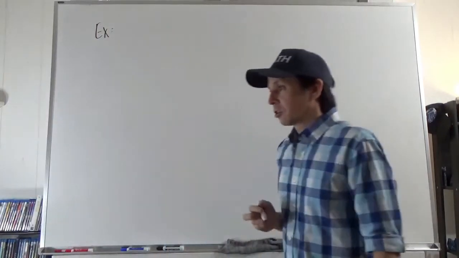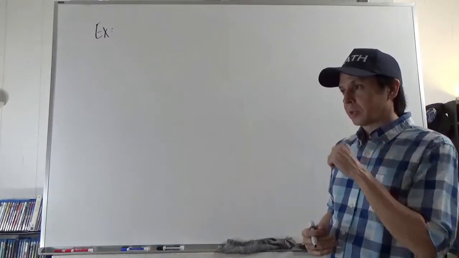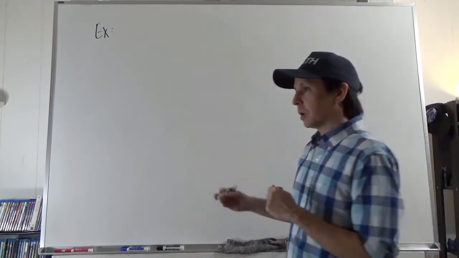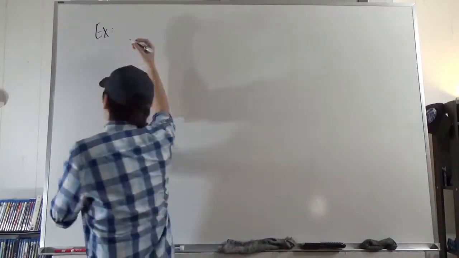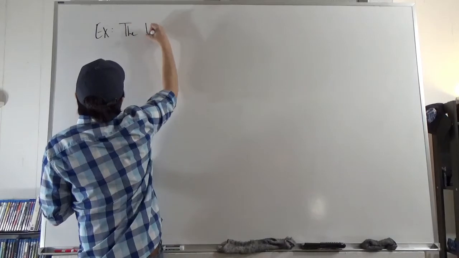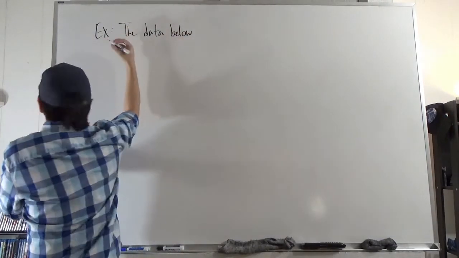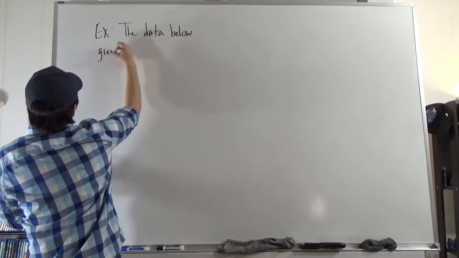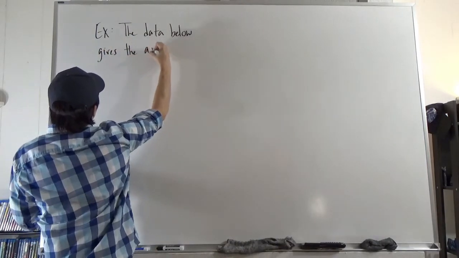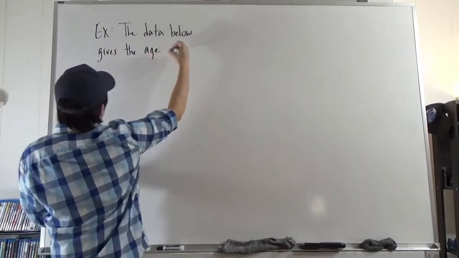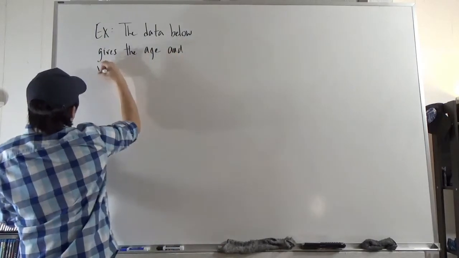Okay, let's start working on an example and get familiar with all the concepts we just talked about. The data below gives the age and weight of a growing kid.